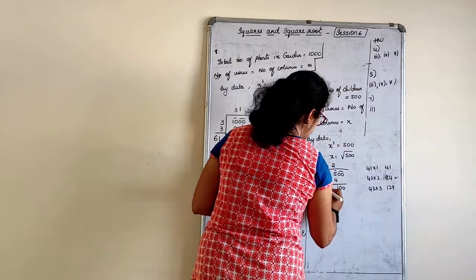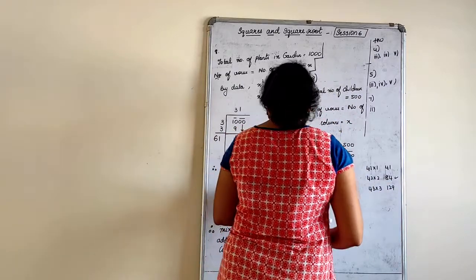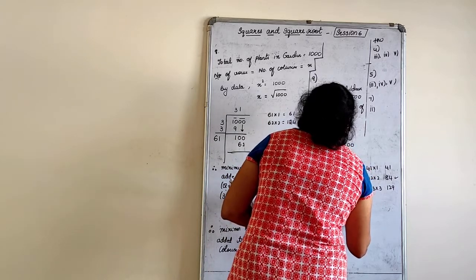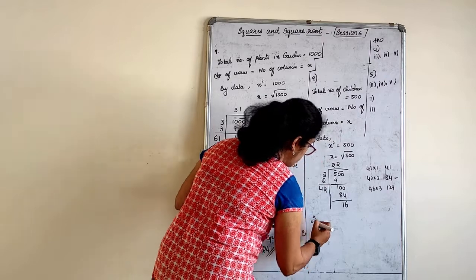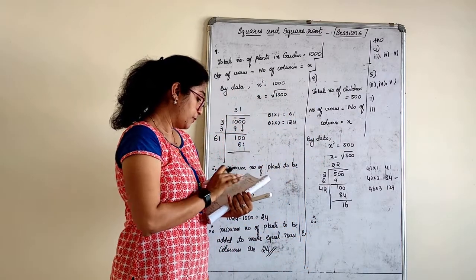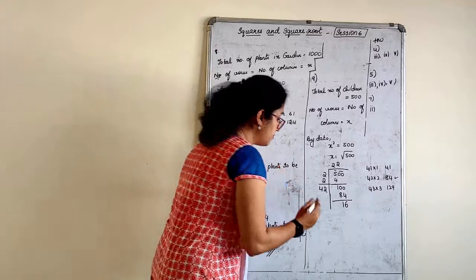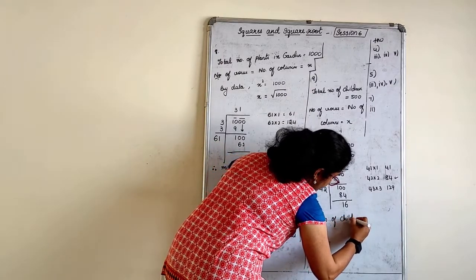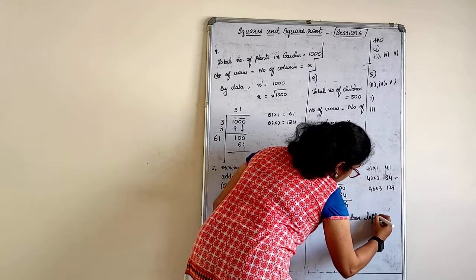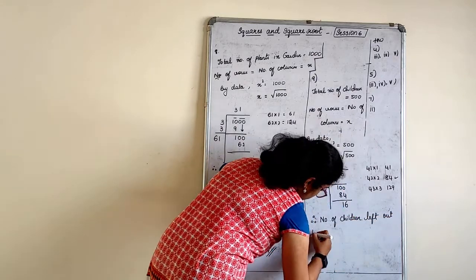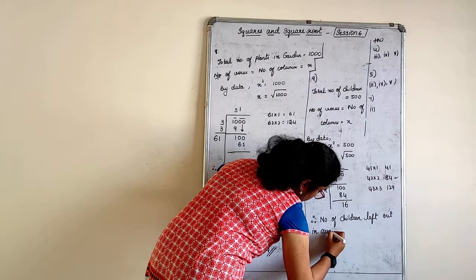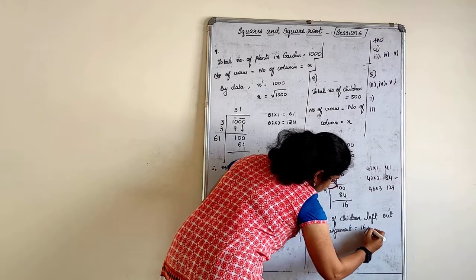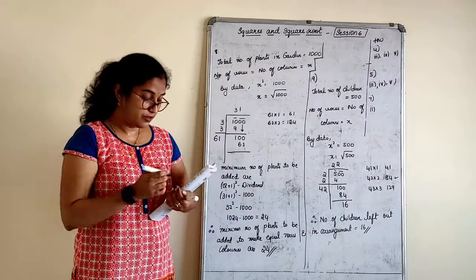So this will go with here. 42 into 2, you will get that as 84. Remainder is 16. Therefore, what have I asked? How many children are left out? Number of children left out in arrangement are 16. This is very clear.